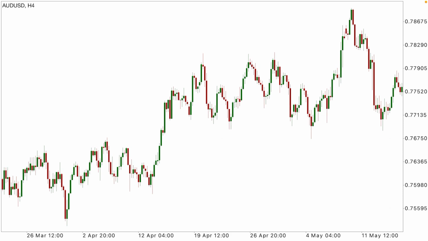Today I want to talk about how to use trend lines for your trading, how to trade with trend lines profitably. Trend lines in themselves are not actually bad.